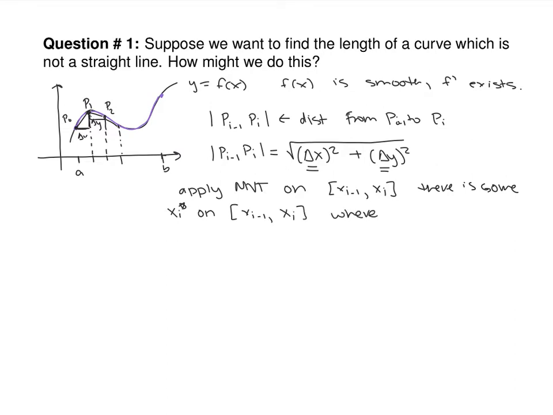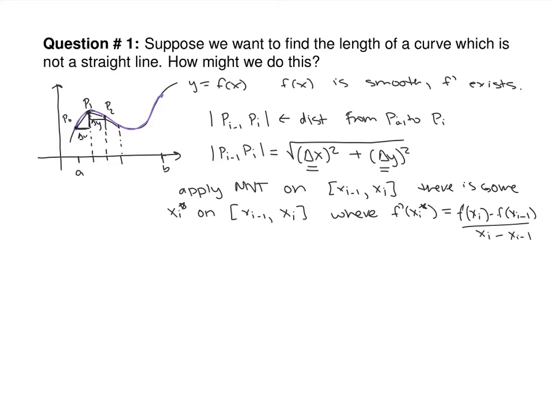And at that point, the derivative, f prime of x sub i star, is equal to the slope of the secant line, which is given by f of x sub i minus f of x sub i minus 1 over x sub i minus x sub i minus 1.